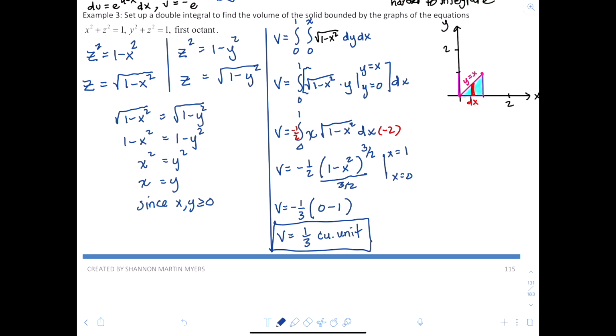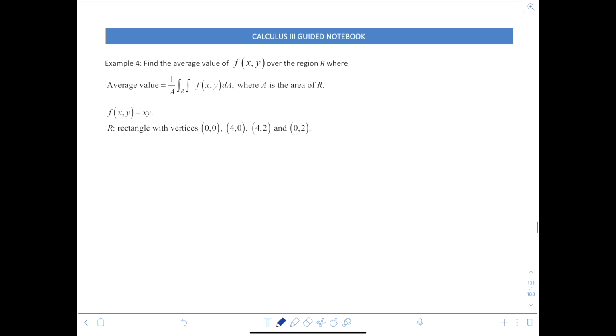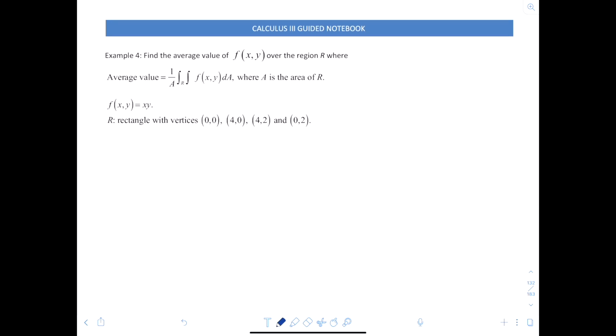Awesome. All right, so here's an application for us. Find the average value of f of x and y over the region R, where average value is 1 over a times the double integral over R of f of x and y dA, where a is the area of R. And we're given that f of x and y is x times y.